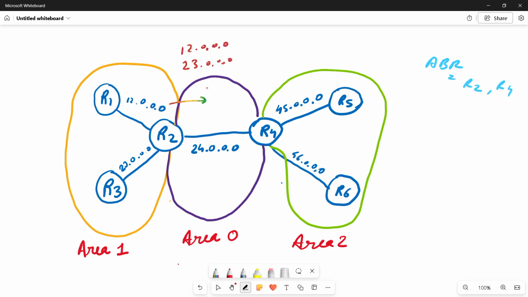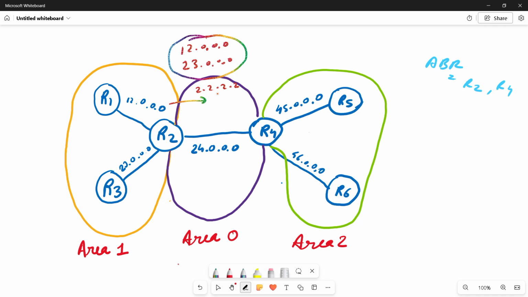And the originator ID, or router ID, will be its own router ID, which is 2.2.2.2. Assuming that R1 has router ID, or loopback address, 1.1.1.1, up to R6 having 6.6.6.6. So this is what R2 is propagating: the networks, and this is the originator ID, or router ID.